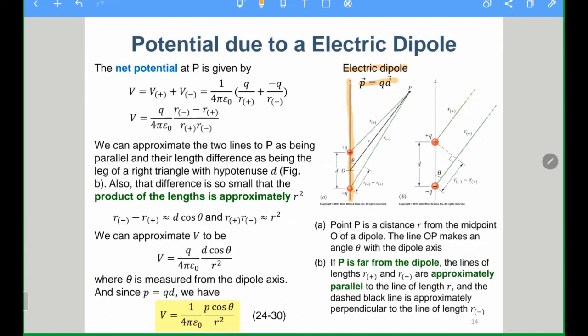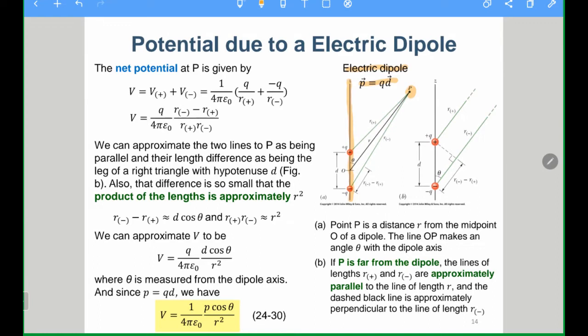But V is a scalar, so it is easier to calculate, and we can come up with the solution for the potential generated by the dipole out of the z axis.